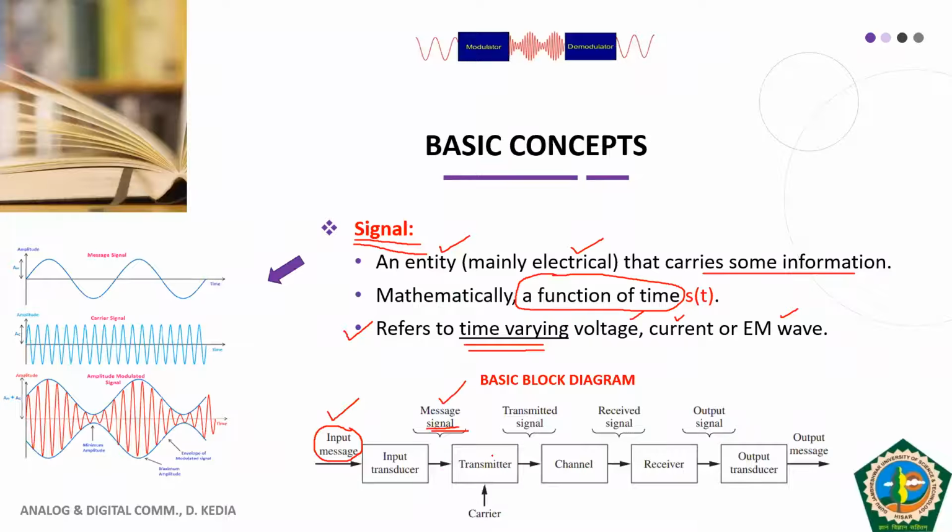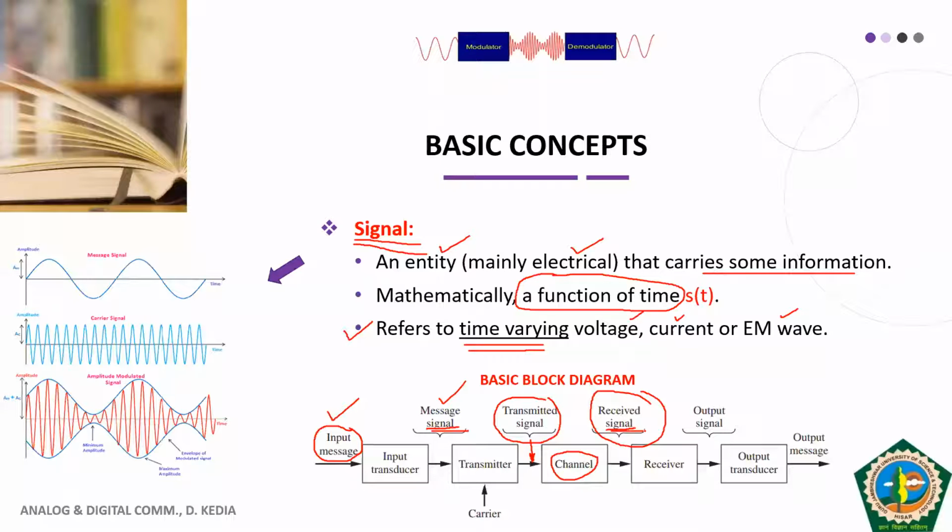Then in the transmitter also, the signal remains electrical, so it becomes the transmitted signal at the output of the transmitter. The signal that we are transmitting through the channel is also the transmitted signal. The signal travels through the channel in electrical form or equivalent electrical form. Then at the input of the receiver, the signal that we receive we call the received signal.